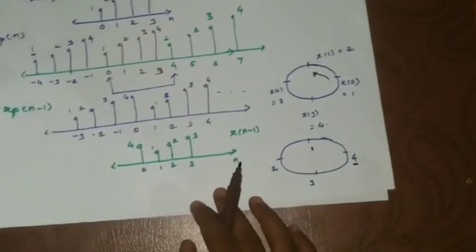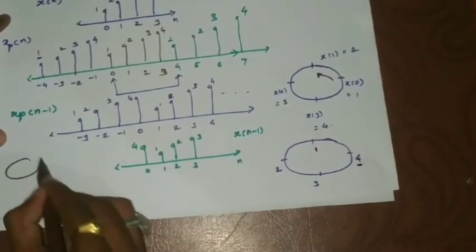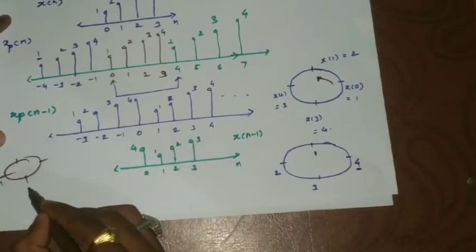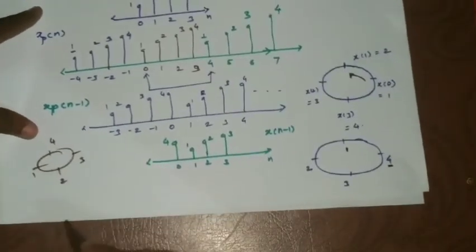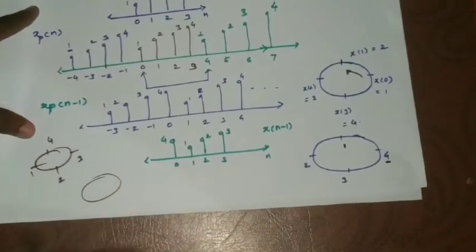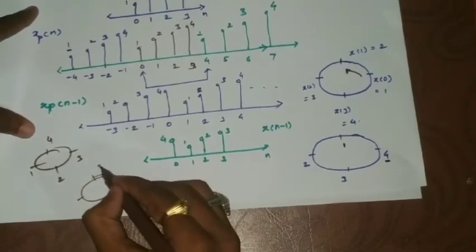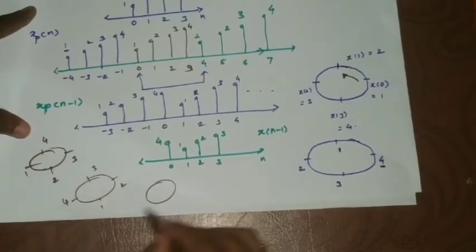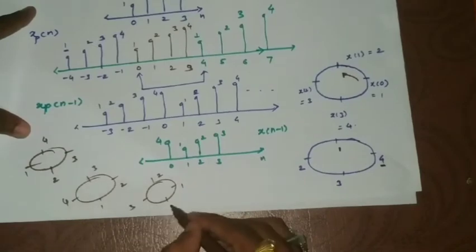Okay, let's try this. This is shifted by 1 unit. When we shift it by another time, the possibility will be 1, this is 2, this is 3, this is 4. When I shift it by second unit, similarly, when we shift it by another time, we will get the 4 terms, maybe like this, 1 2 3 4. And when you shift it by one more time, we will get the positions as 1 2 3 4.